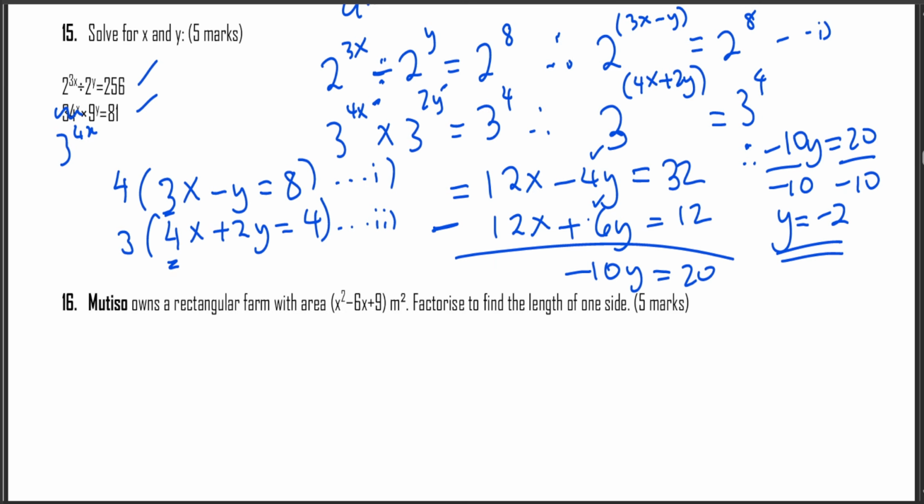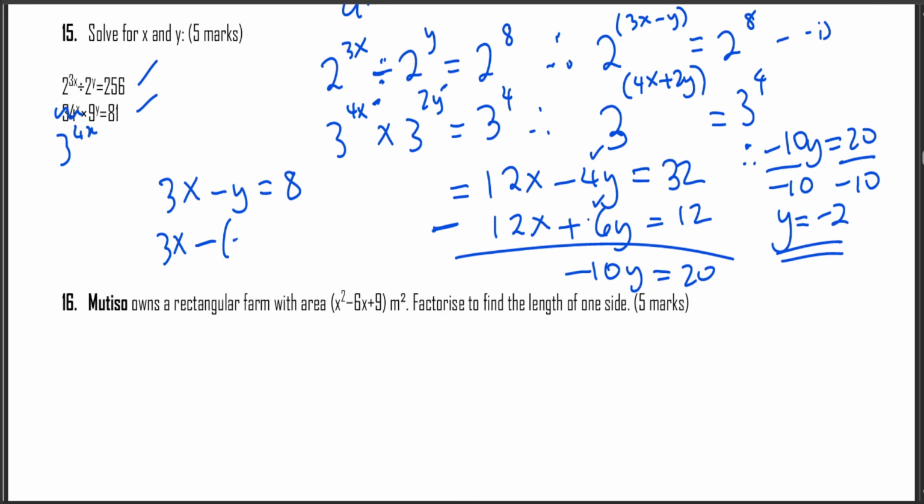Now going back to the first equation, which is this one, we say that 3x minus y is equal to 8, but you can use any, if you want, you can use the second equation, though I just rubbed it off right now. So we know that y is negative 2. So where there's y, we'll replace it with negative 2. So it's going to be minus negative 2.